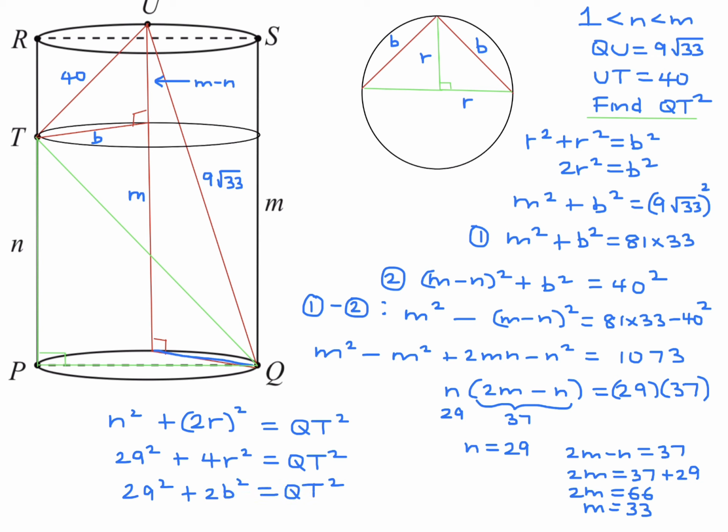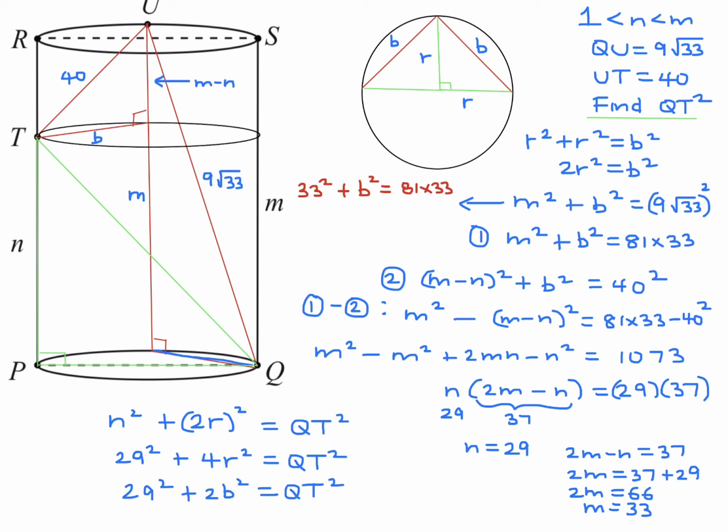Okay, can I get an actual value for b? I think the answer is yes. Let's get an actual value for b using that formula. m squared, well, m is 33, so it'll be 33 squared plus b squared is equal to 81 times 33.